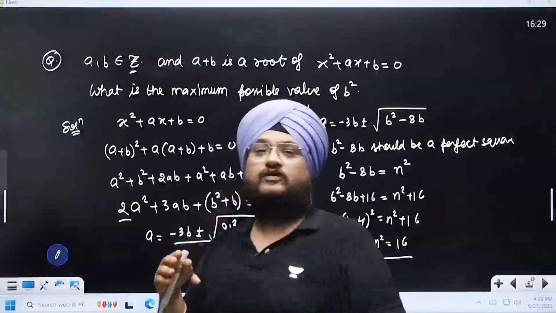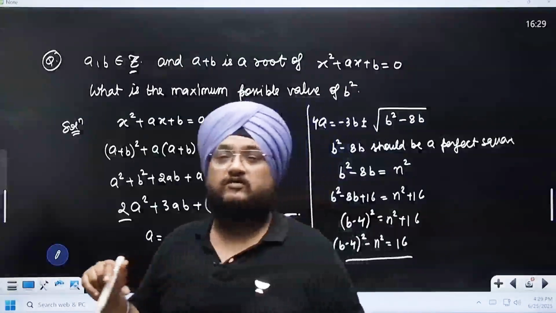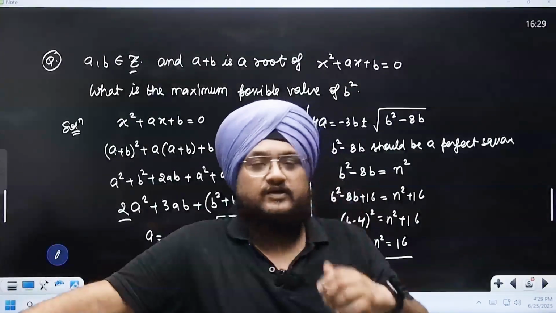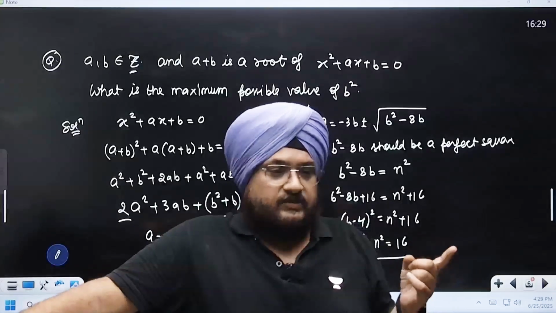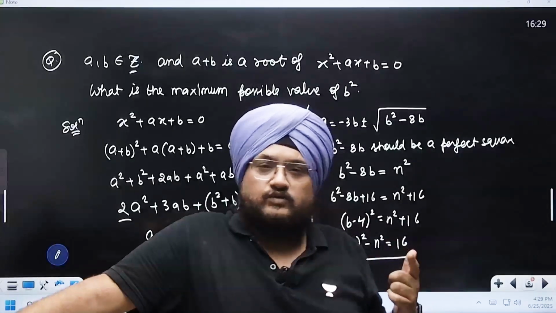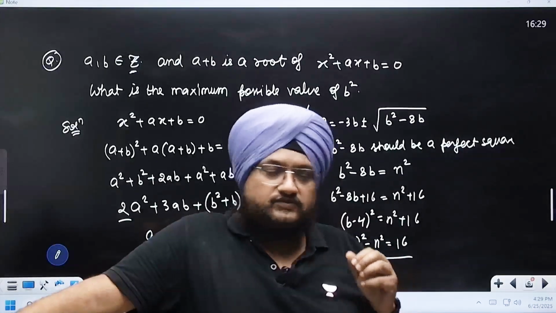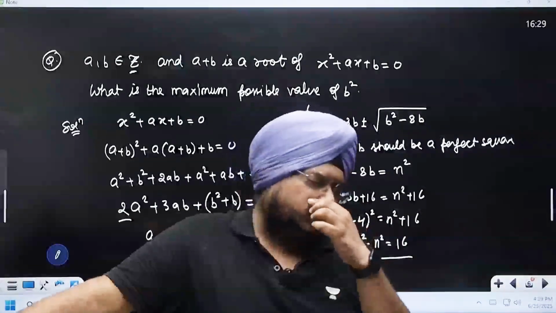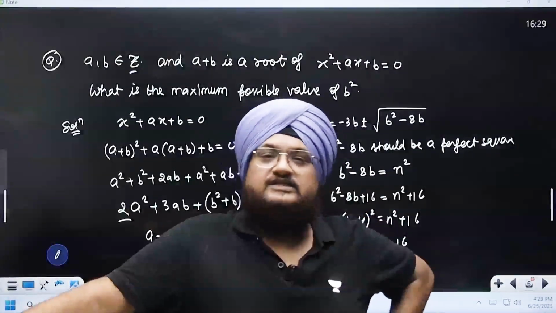As I move forward, the difference of squares of two consecutive integers, what can be the minimum value? See, the square of 2 is 4, square of 3 is 9, difference is 5. Now between 3 and 4, 16 minus 9, 7.